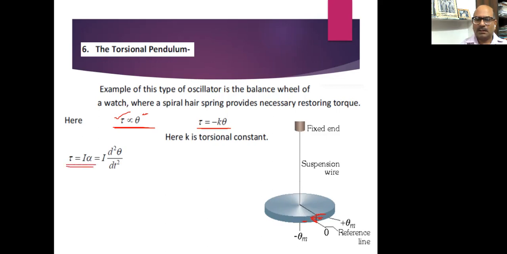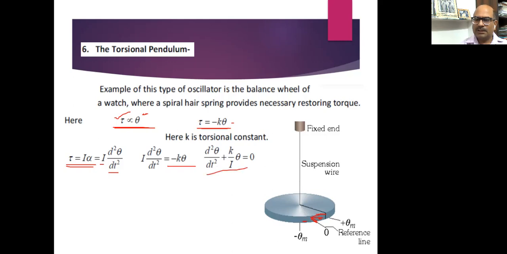And we know that in case of rotation, tau is equal to I alpha. Alpha is the angular acceleration, and angular acceleration is d2 theta by dt square. So I d2 theta by dt square will be equal to minus k theta.